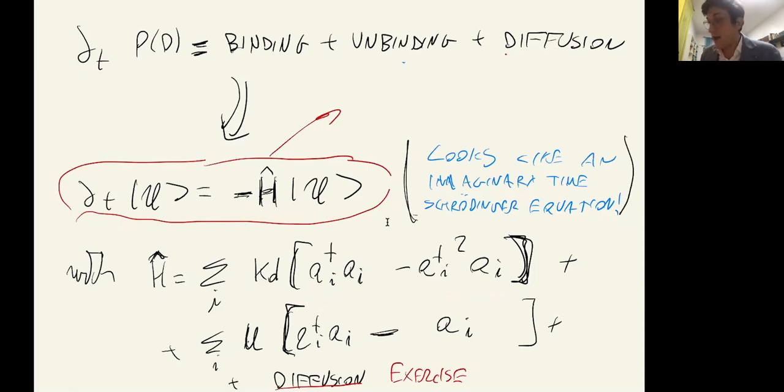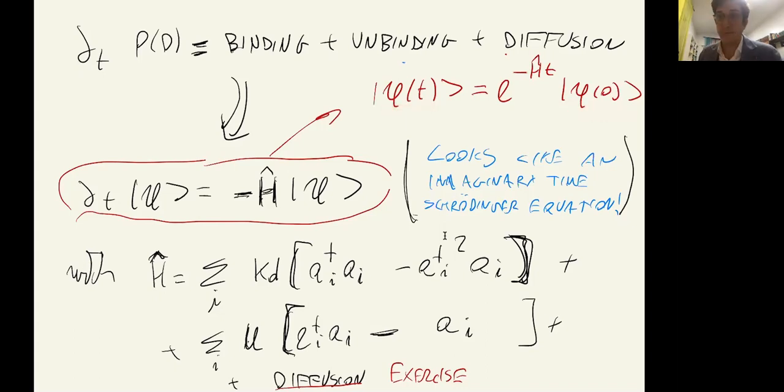Well, that's very nice because we know the solution of this, because we know that the solution is an exponential. So phi of t is equal to e to the minus H t phi of 0. Now, you can say, okay, if I know phi of 0, can you tell me what is phi of t?